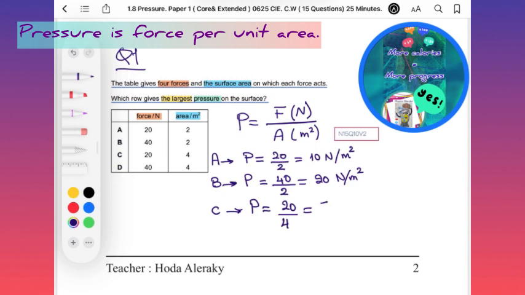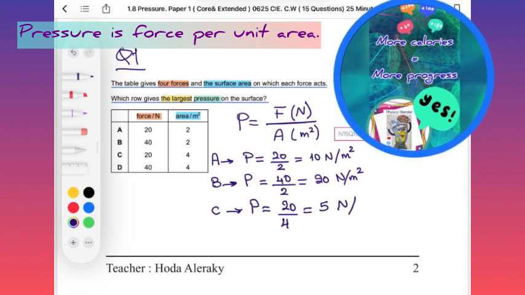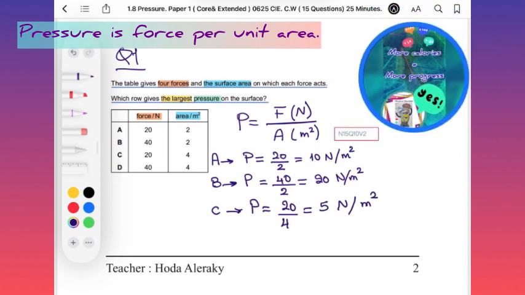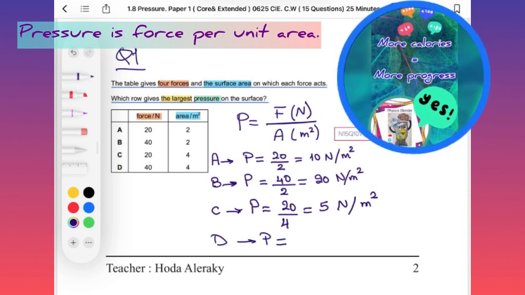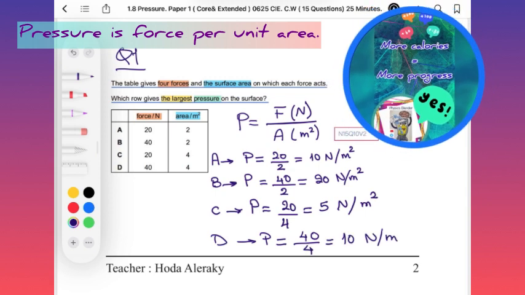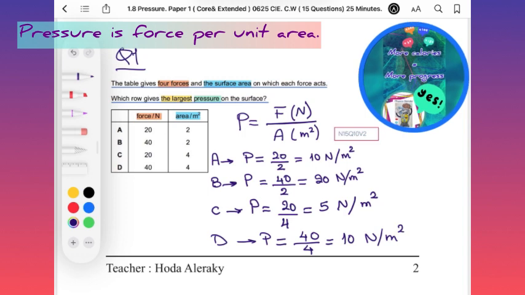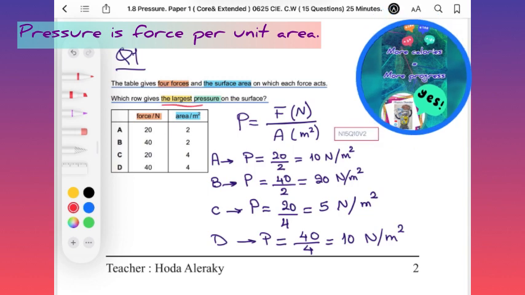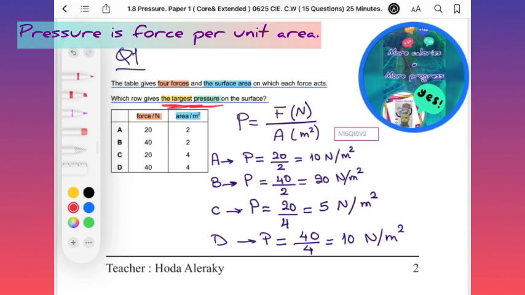The answer is 5 newtons per square meter. In row D, pressure will be equal to 40 divided by 4, which is also 10 newtons per square meter. So it's clear that the largest pressure is B. So the correct answer is B.